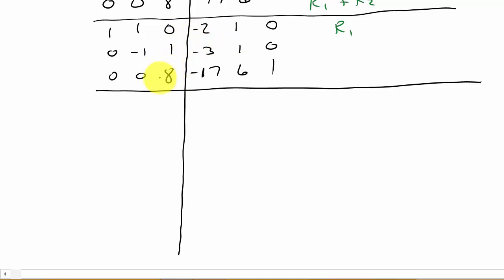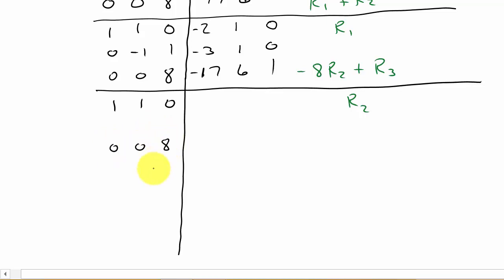Okay, so I am going to have to do negative 8 times row 2 plus row 3 and replace row 2. See, if I multiply this by negative 8, that's going to give me negative 8 times 1 is negative 8. Negative 8 plus 8 is 0. Okay. All right, so I'm replacing row 2. So let's write the first row and the third row down.